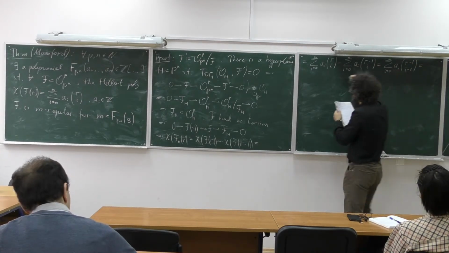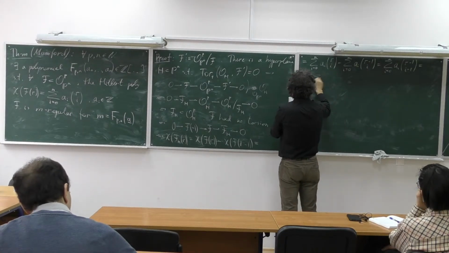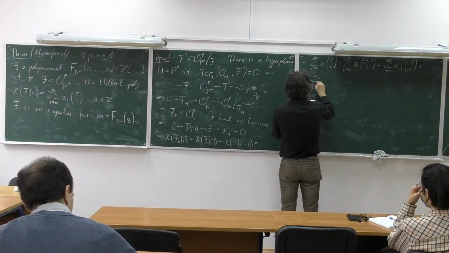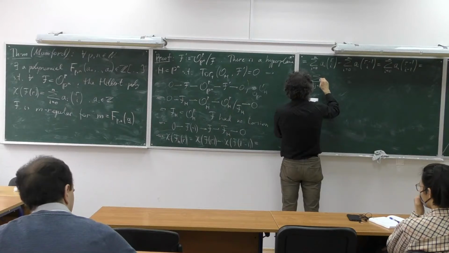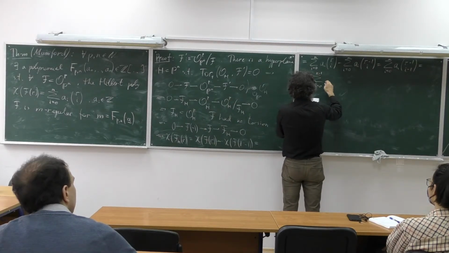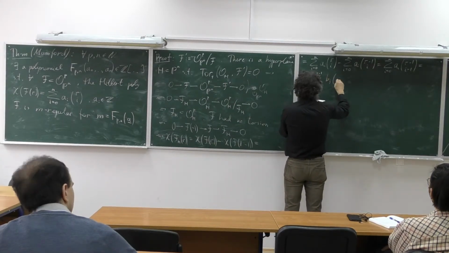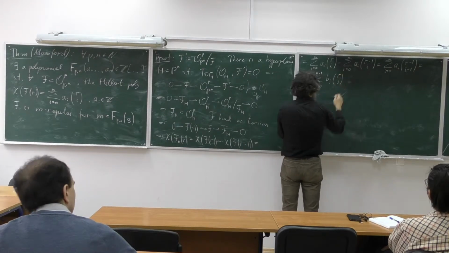And this is the sum from j equals 0 to n minus 1 of certain b_j times r choose j.